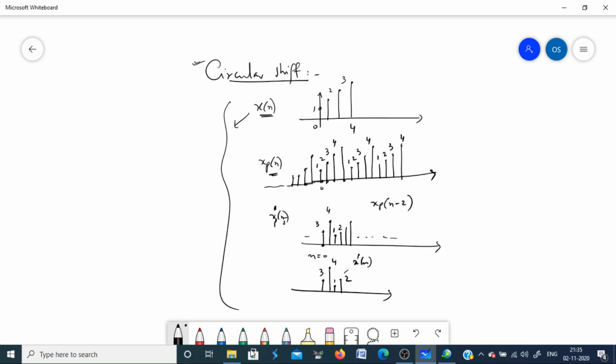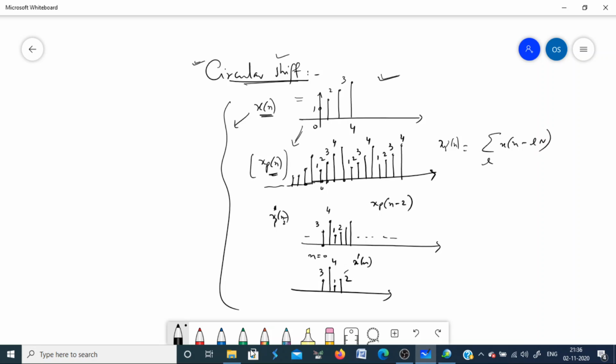So what I have done, I have taken a sequence of 4 samples and then I have generated a periodic sequence which is a repetition of this sequence after 4 samples. x_p[n], that you already know, is summation over l of x of n minus lN.